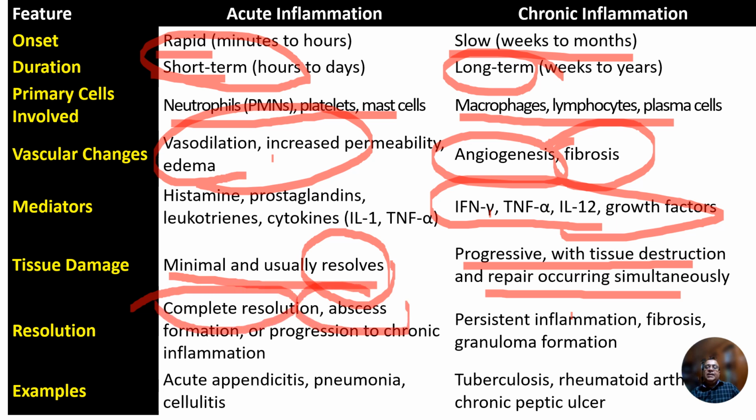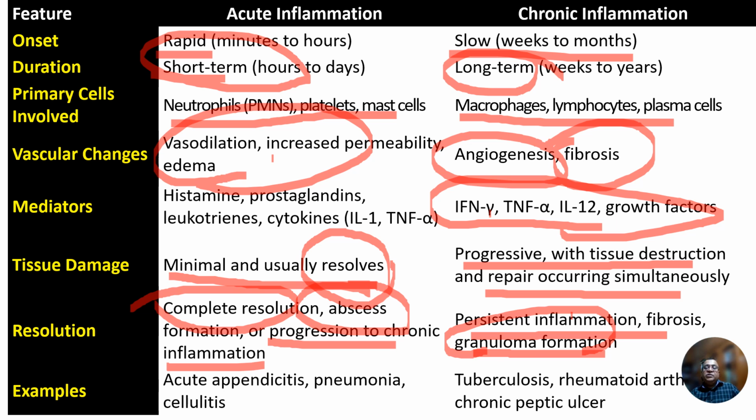Sometimes there is abscess formation or it can go on to the chronic form, while the chronic is the persistence of inflammation. There is development of fibrous tissue or a scar, or there can be development of granuloma, that is the granulomatous type of inflammation that we are going to study in chronic inflammation.